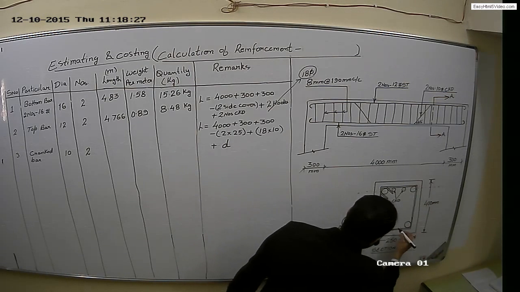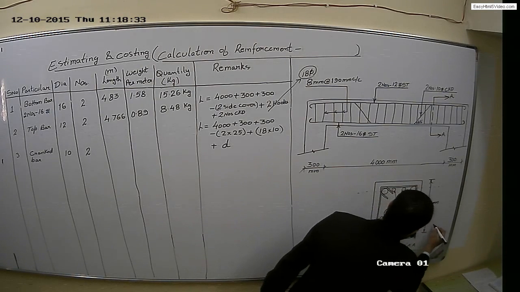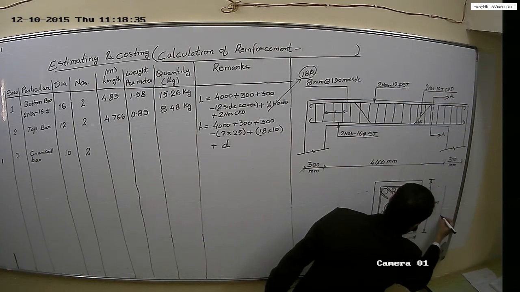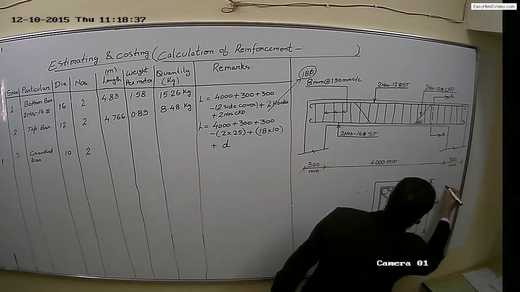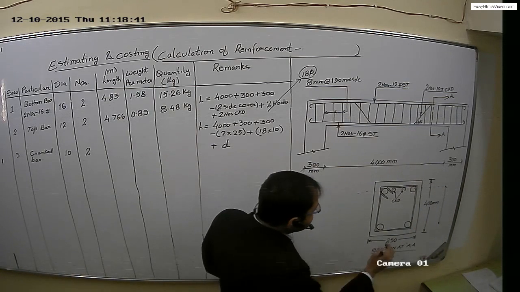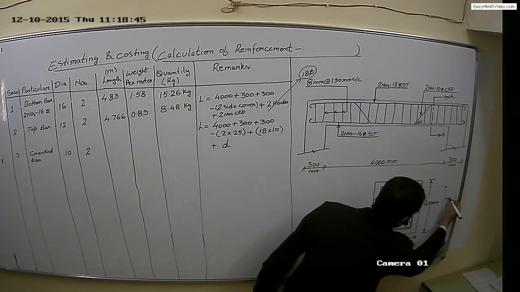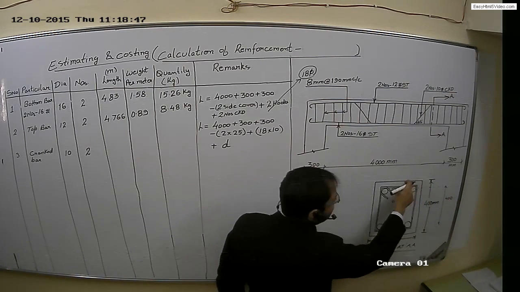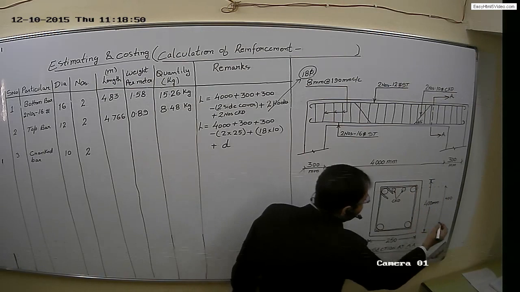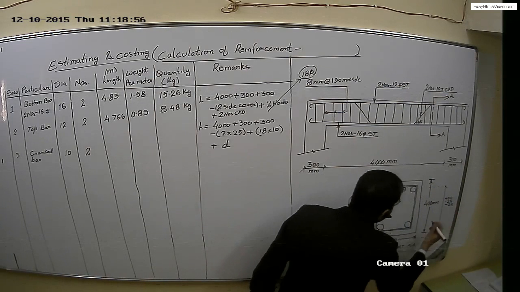Now this is a crank and here will be the crank. Okay? So this distance will be calculated as 400 minus top cover minus bottom cover, which is 25 for top cover, 25 for bottom cover.